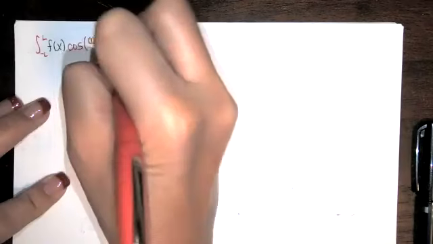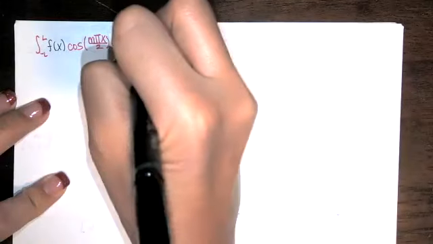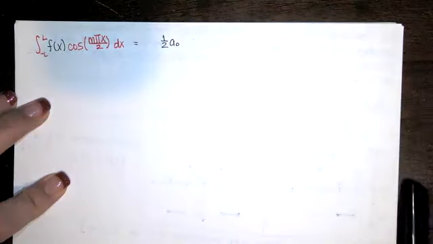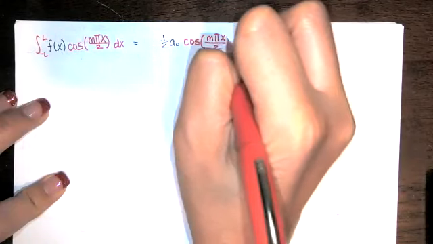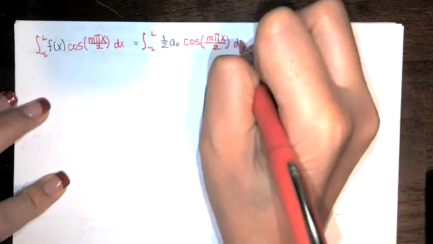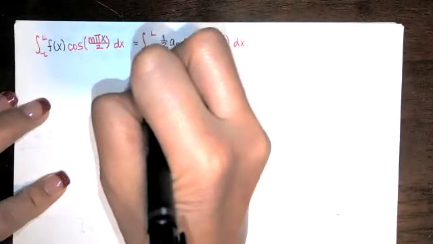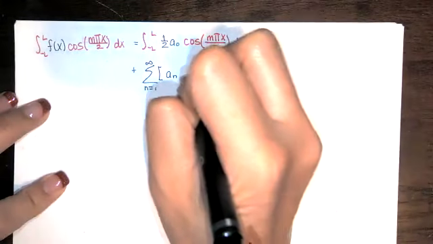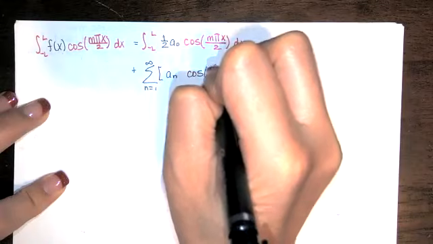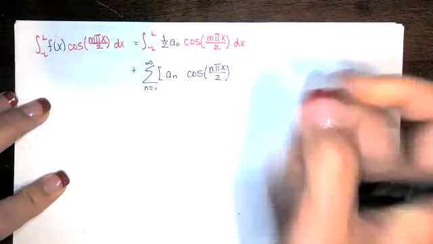So I've got f of x here, and I'm multiplying by cosine, and we integrate from negative L to L. And that's equal to 1/2 of a naught times cosine again, and we integrate from negative L to L. And then we have the sum as n goes from 1 to infinity of a sub n times cosine of n pi x over L, and L is 2.